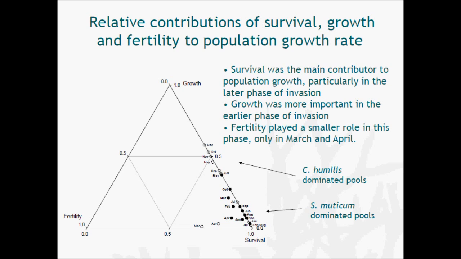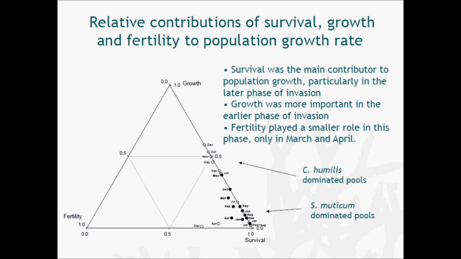But now, all the dots here are the Cystoseira pools, the first phase of the invasion, and this is the second phase of the invasion, the Sargassum pools. So in the first phase, when Cystoseira is there, survival is very important, but also growth. You need to survive and grow rapidly to be able to compete with Cystoseira.